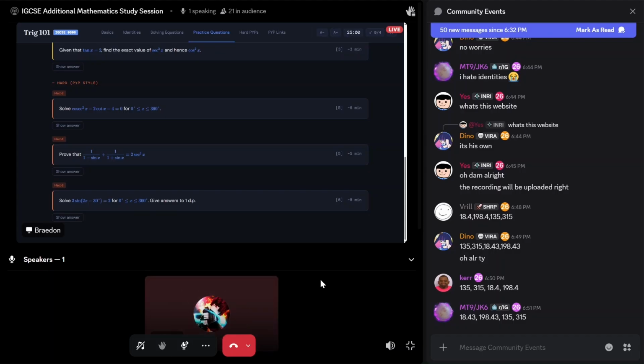MT9, same thing as just now. Only 1 dp. So 1 decimal point for answers in angles and radians. And for anything else, it's 3SF.